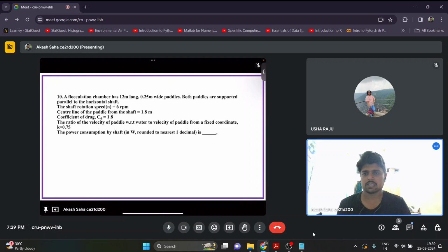Coefficient of drag is 1.8. The ratio of the velocity of the paddle with respect to water to the velocity of the paddle from a fixed coordinate, k, is equal to 0.75. So we have to find out the power consumption by the shaft. So this is basically the paddle design. So what will be my power consumption for the shaft?